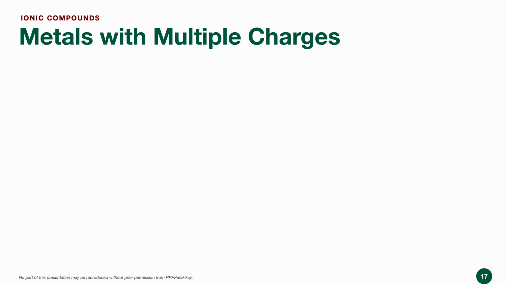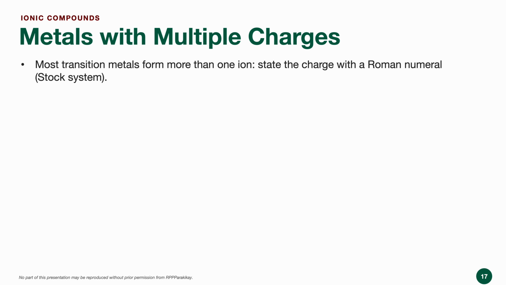When naming an ionic compound containing a transition metal that is capable of forming more than one cation, the appropriate Roman numeral must be placed, and it is determined by the requirement that the compound be electrically neutral overall.